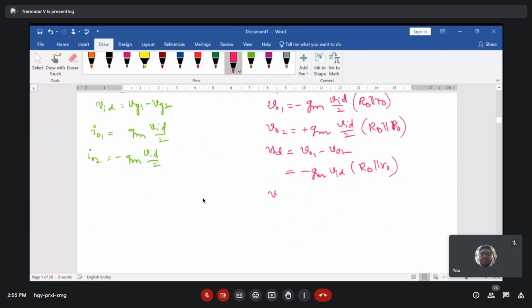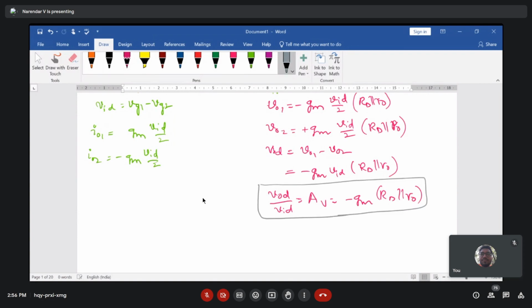Now if we take VOD by VID, which is referred to as AV, it is equal to minus GM times RD parallel with R0. This is the final gain of your differential amplifier with the small signal model. In the previous one, we considered only this part, which is minus GM times RD, but now the actual expression for your differential amplifier with differential input is minus GM times RD parallel with R0.